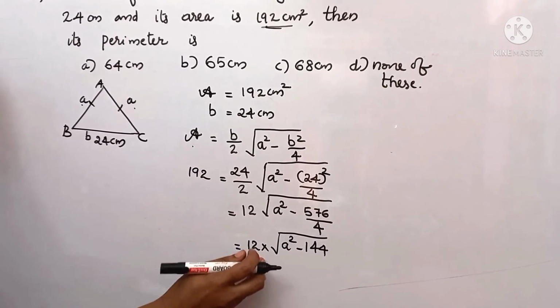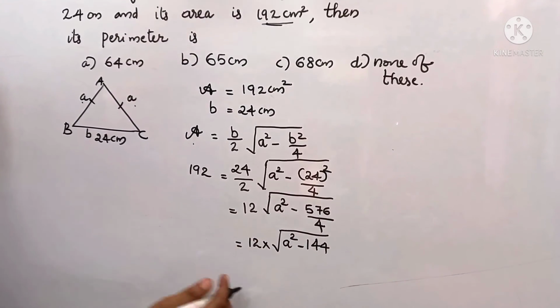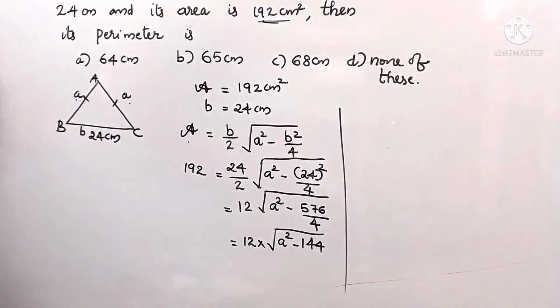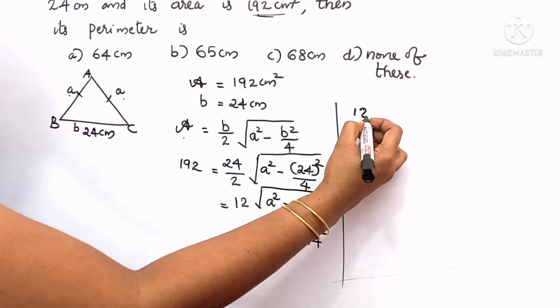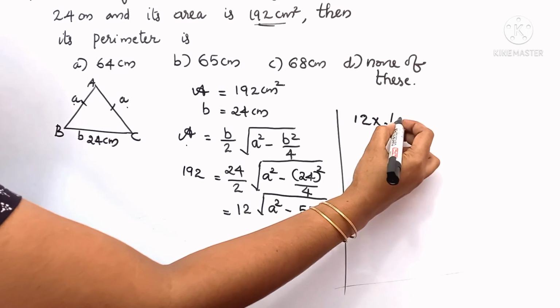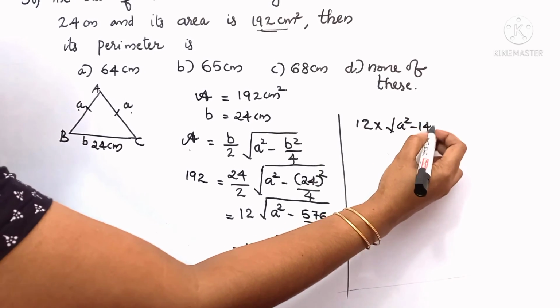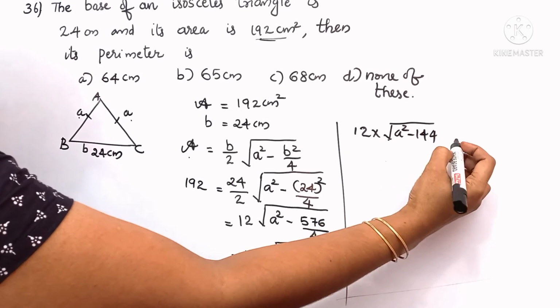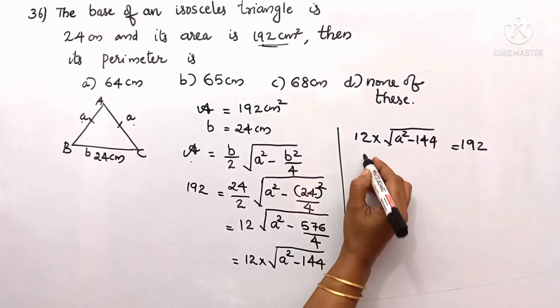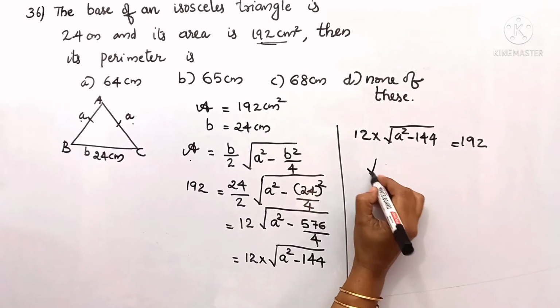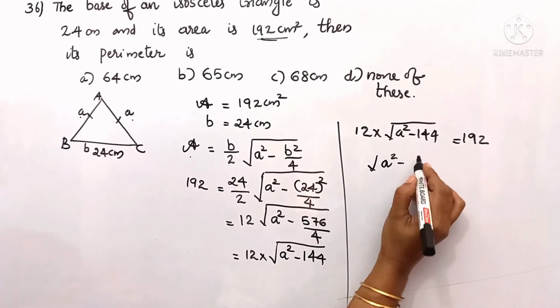We can write it once again this way: 12 into square root of a square minus 144 is equal to 192. The 12 we can take towards the right, that is, transpose the 12.